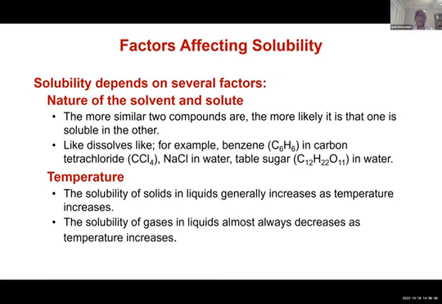But there's an exception for gases going into a liquid: the temperature decreases the solubility. As the temperature increases, solubility decreases. An example is a carbonated drink.